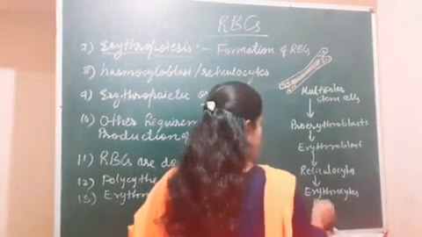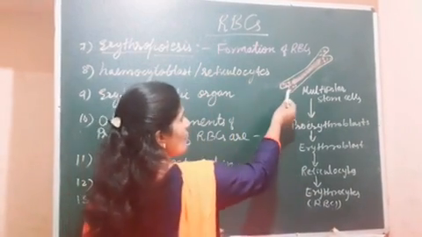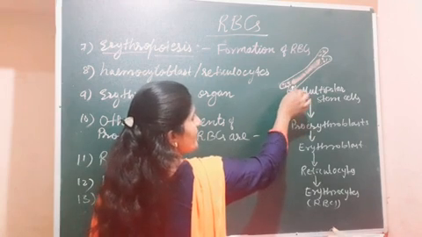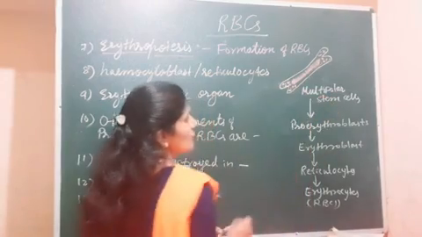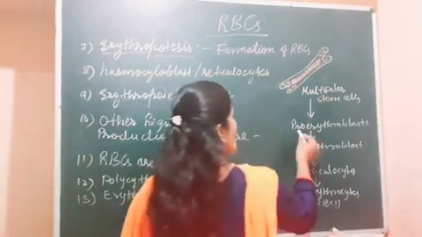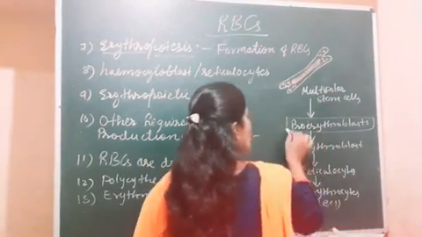Erythrocyte means what? RBCs. RBCs are formed. From where are those formed? They are formed in the bone marrow. Which bone marrow? Red bone marrow. In that, stem cells are there. Those stem cells will get divided. And what are formed here? Proerythroblasts are formed.